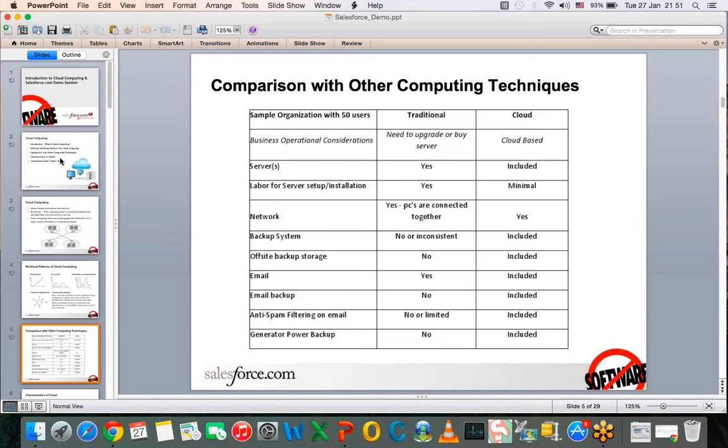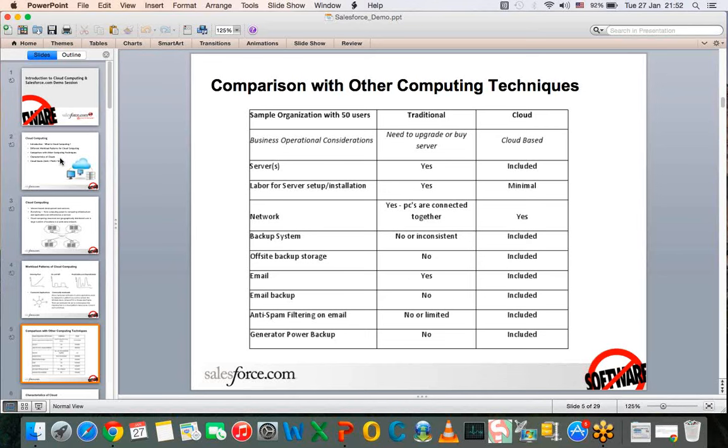Only then you require this setup. Otherwise, if you're just buying the license, it is not required. You also need not worry about the network or the backup system, or email backup, or any antivirus or anti-spam. These things are not listed separately because everything is included in the cloud itself.